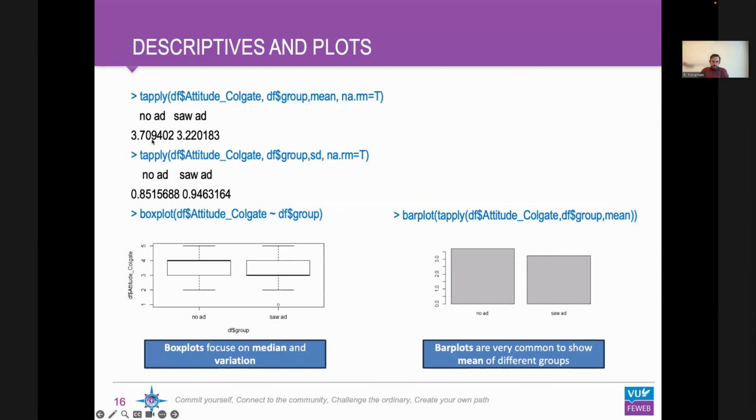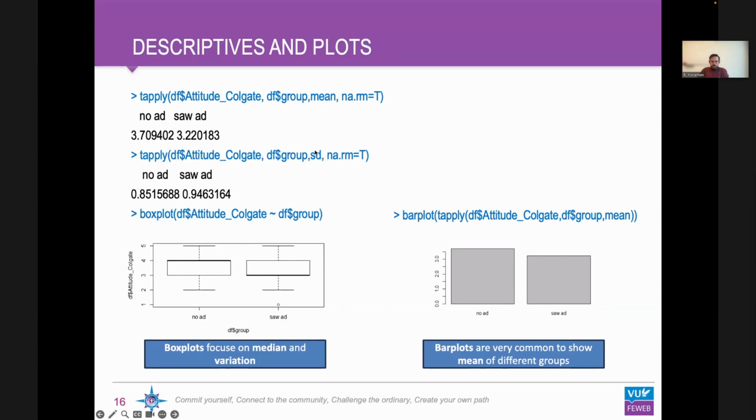You have already used tapply in the assignments, right? Here we see that the attitude towards Colgate is actually higher in the case of no ad. So the cynical humor, maybe it didn't work really well. But this is just descriptive from our sample.